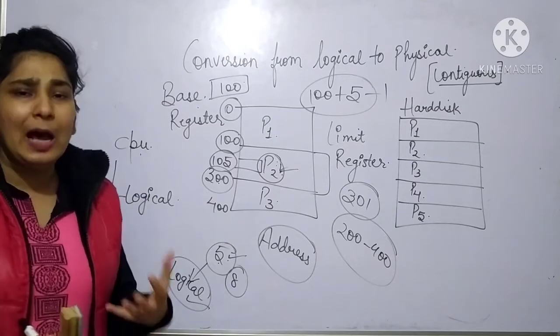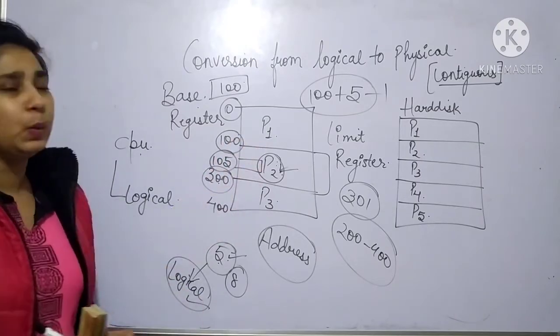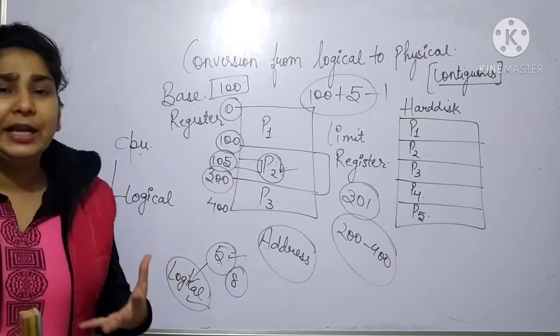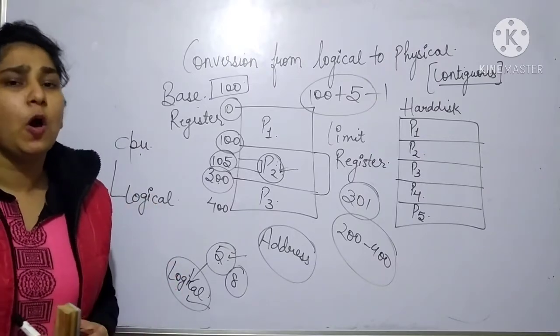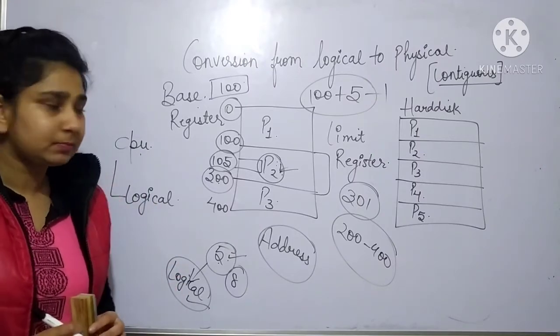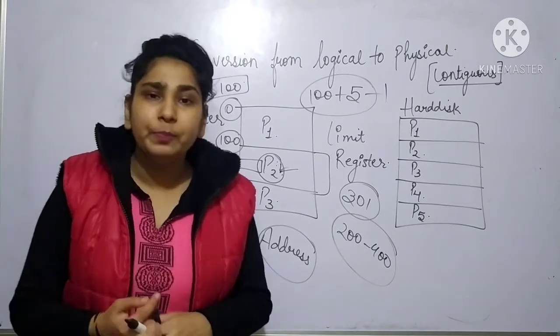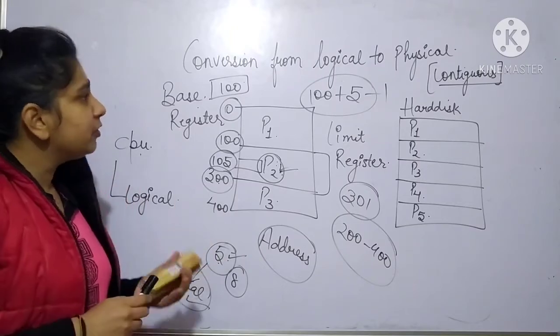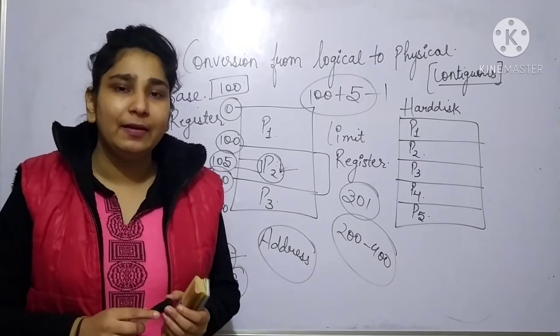So we don't allow one process to interfere with another process. We also need to take care of security mechanisms. So I hope that you are clear with conversion from logical to physical address.